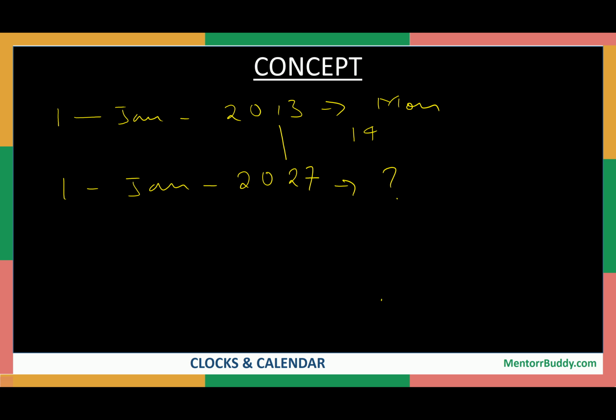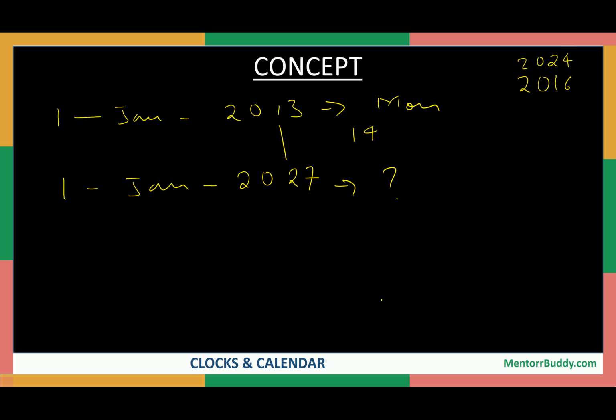Now, how many leap years will we have? For leap years, what is the trick? You just need to find the first leap year after this date and the last leap year. The first leap year will be 2016, and the last leap year will be 2024. A leap year is always a multiple of 4.